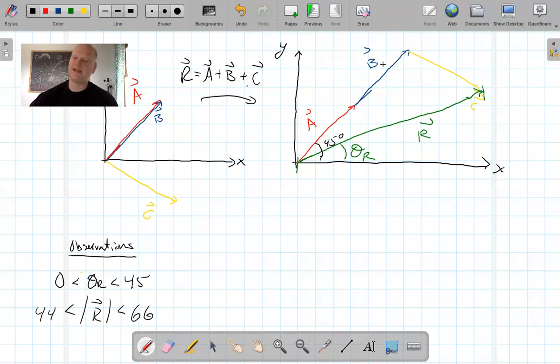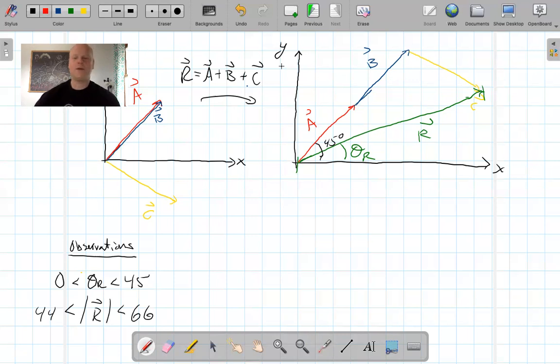If vector C was also at a 45-degree angle, the total length would just be the sum of the three lengths. That's our 66. 44 would be if C was simply equal to 0, so it stopped here, and the length would just be these two vectors together. So I know it's somewhere between 44 and 66.